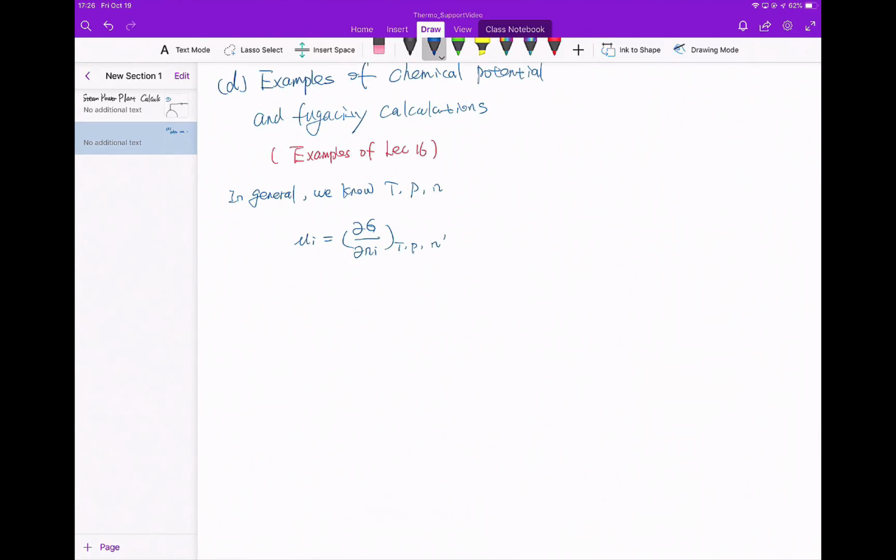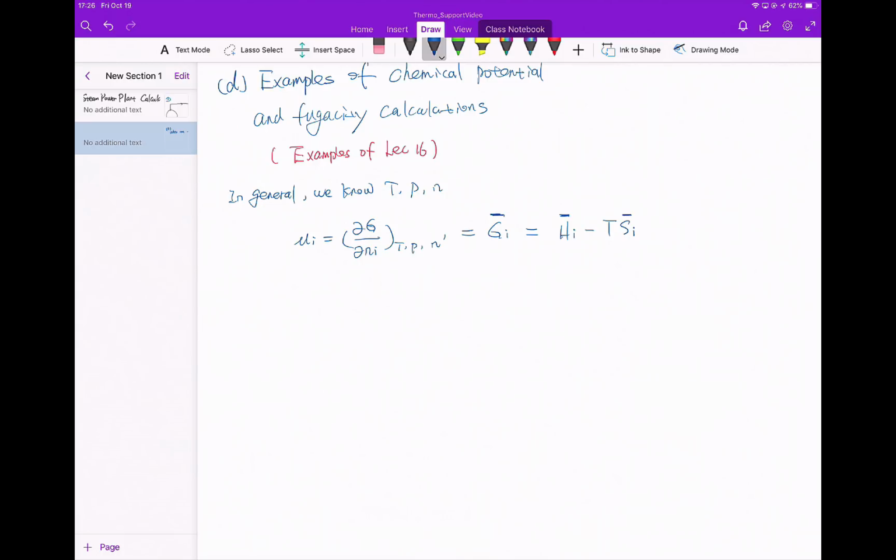This is one very useful equation. From there we call this the partial molar Gibbs energy. So there I can take advantage of the Gibbs energy definition.